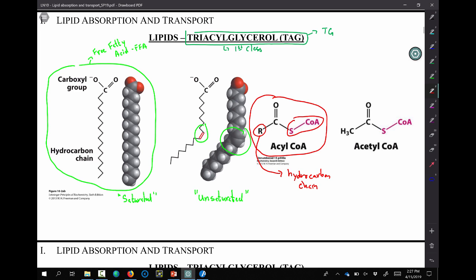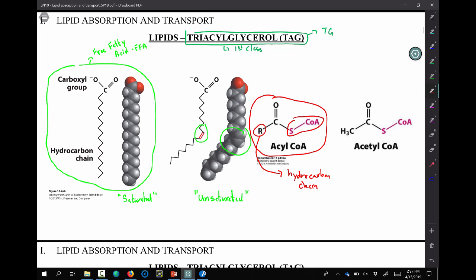Now, because the terminology is so similar, I put next to this the molecule acetyl-CoA. Acetyl-CoA is a 2-carbon molecule attached to the coenzyme A. Acyl-CoA can have 24 carbons attached to the CoA, or 16 carbons, or 4 carbons, or something else.